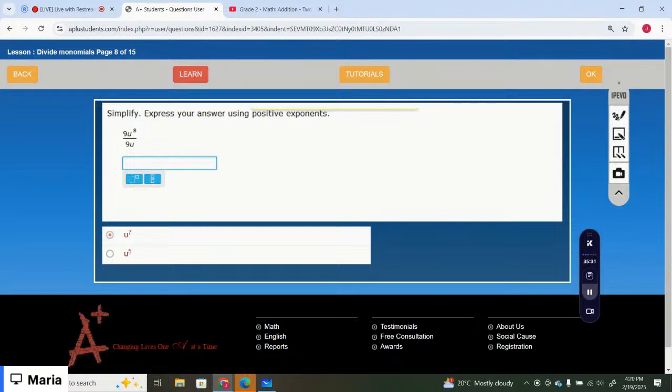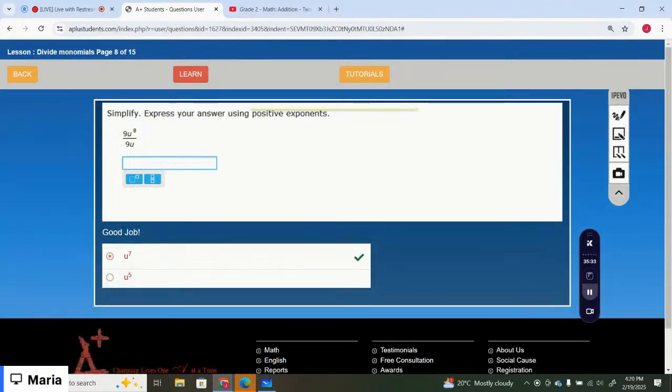That is u7. Option number 1 is the correct option.